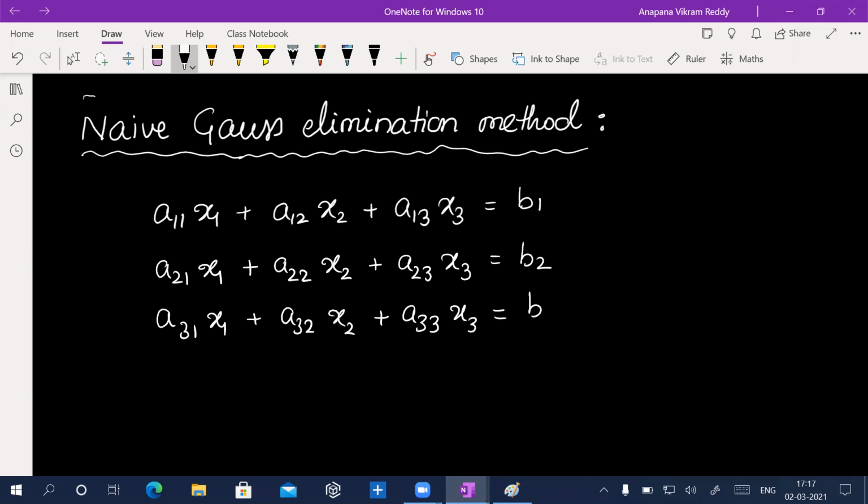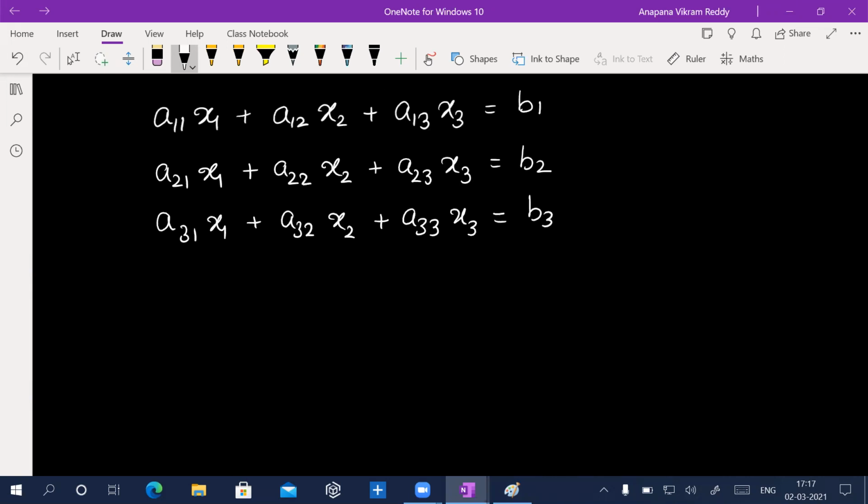Now here what you have to do is write it this way: coefficient matrix multiplied by the system unknowns equal to the system constants b.